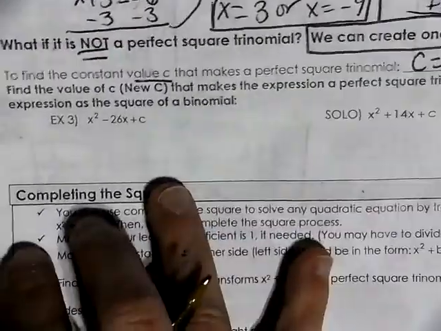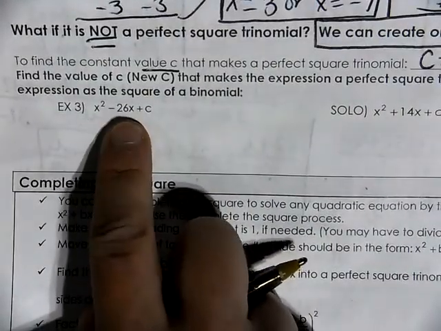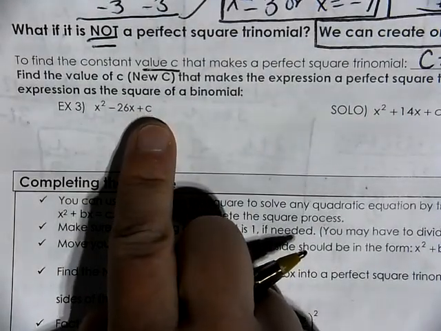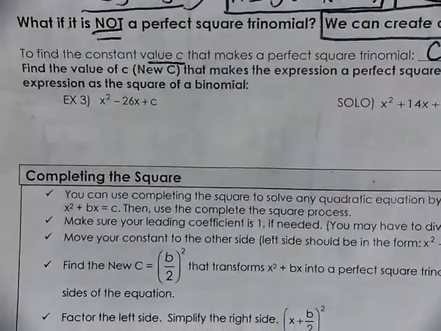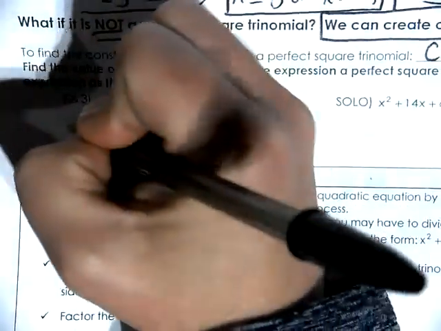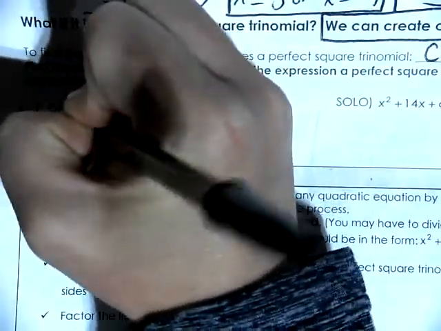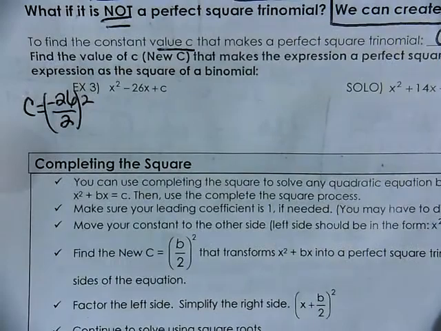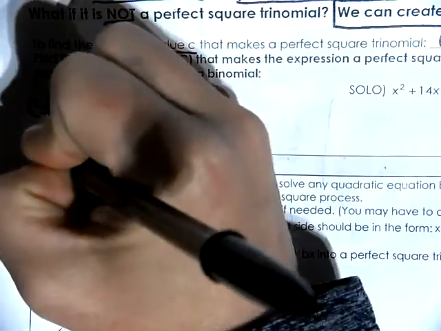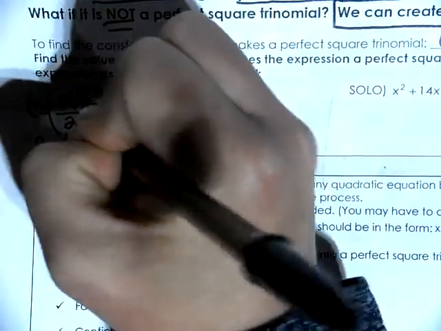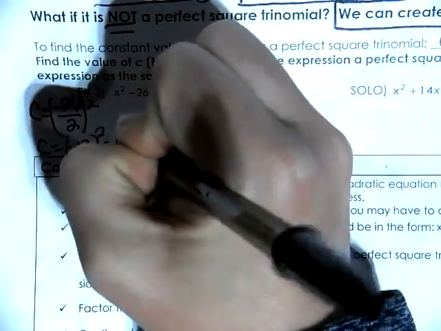Think about it. In this problem, I have x squared minus 26x plus C. What would our C value be? Well, our B value is negative 26. We would cut it in half and then square it. Half of negative 26 is negative 13, and negative 13 squared is 169.